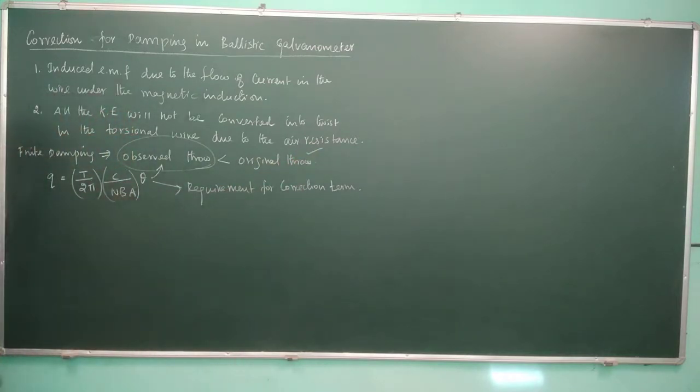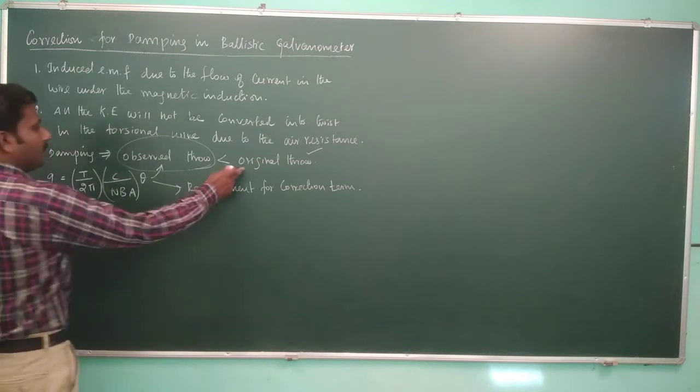So this θ is the observed throw, but we need to calculate the original throw.